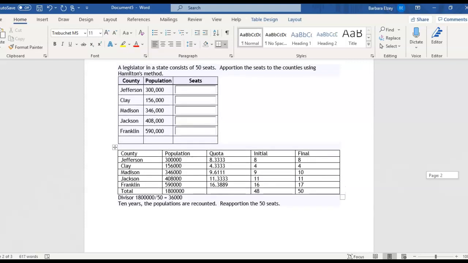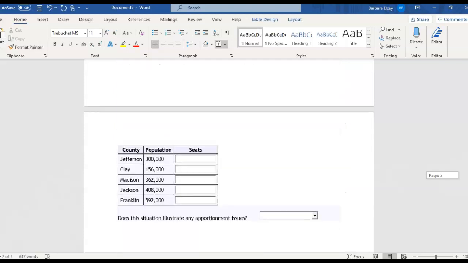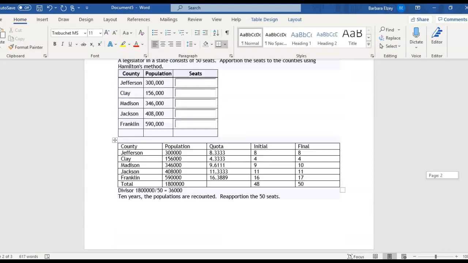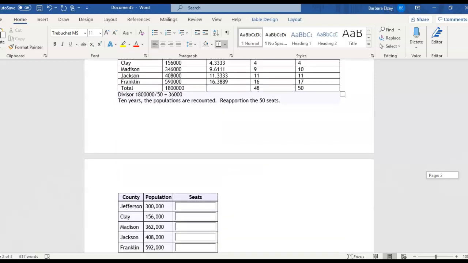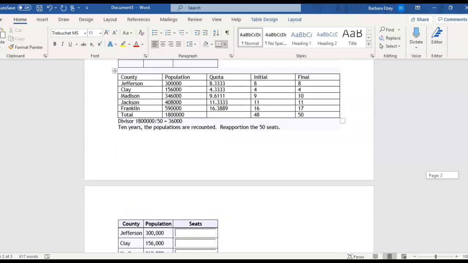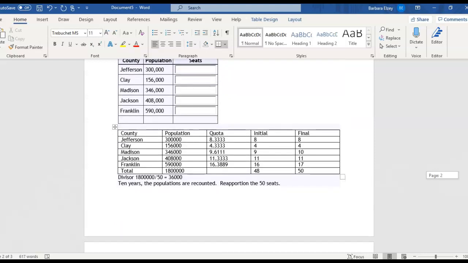Madison went up by 6,000 people, whereas Franklin went up by 2,000 people. So we would certainly think that if anybody had anything to gain here, it would be Madison, since their population increased more than Franklin's did.